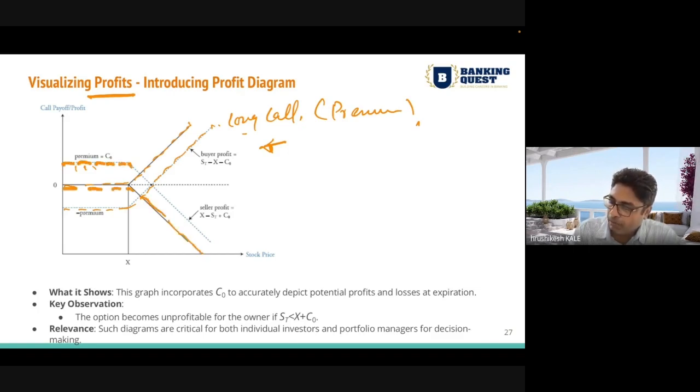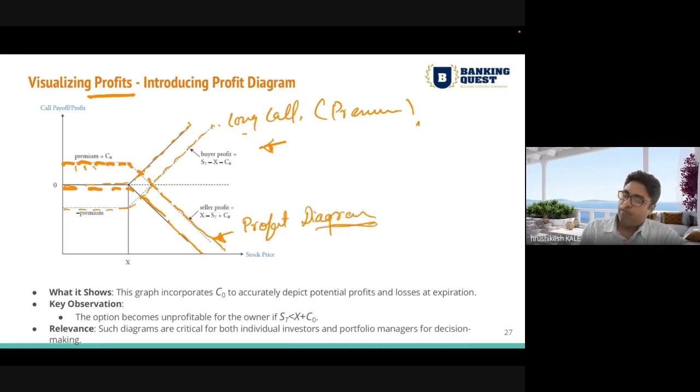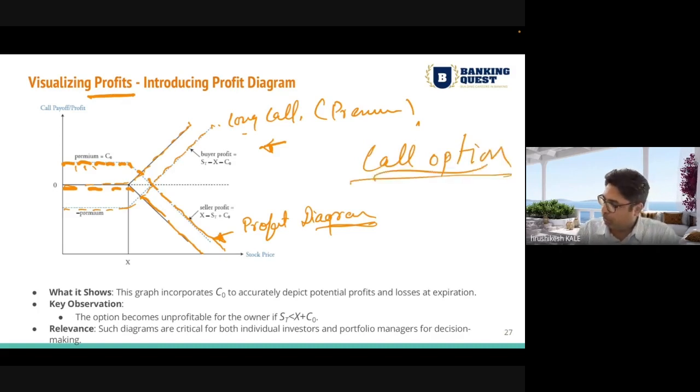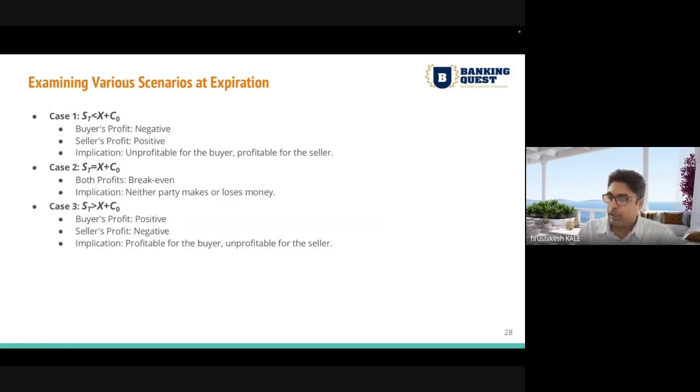This is a diagram for short call considering premium. So when you consider premium, you do not call them a payoff diagram, but you call it a profit diagram. Again, these are all call options. Put options are exactly opposite to this, so I'm not considering them.